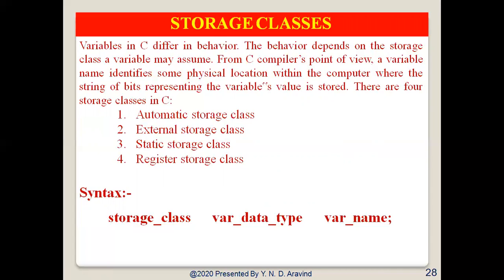Okay, so here, what will happen? Whenever we use storage classes, there are 4 types: automatic storage class, external storage class, static storage class, and register storage class. So what is an automatic storage class?